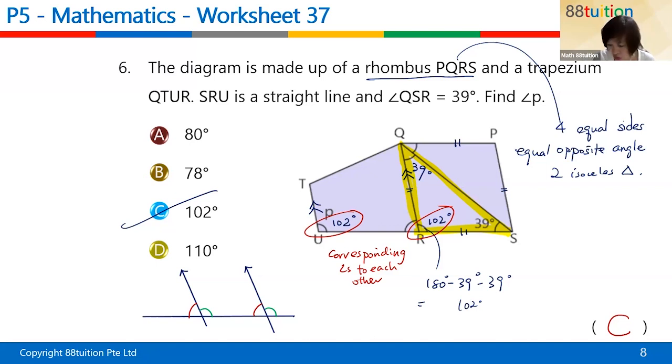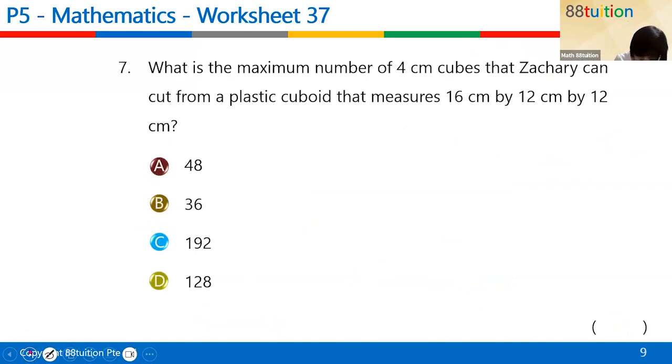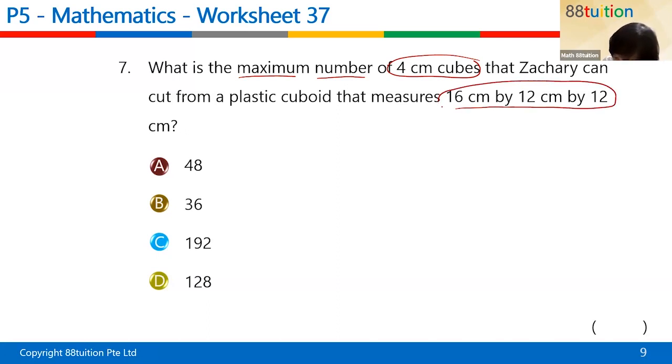Okay, next one. Question 7. What is the maximum number of 4 centimeter cubes Zachary can cut from a plastic cardboard that has this measurement? Now, who can tell me what method have we learned before? There is a unique method to this.